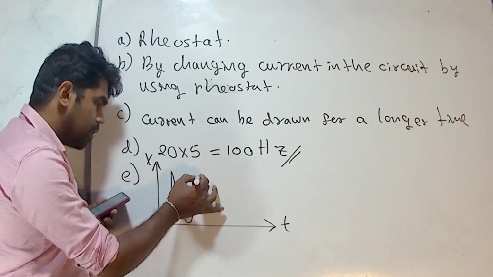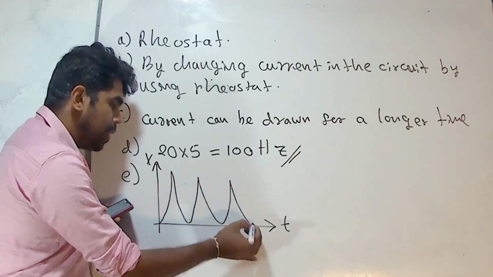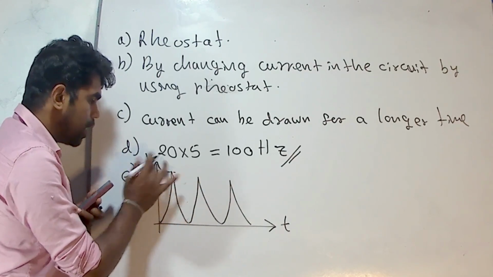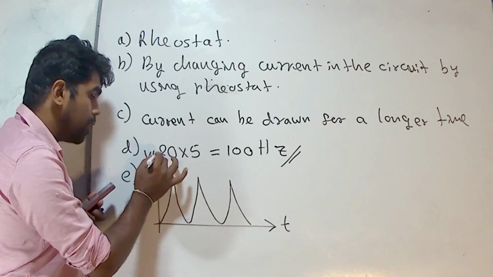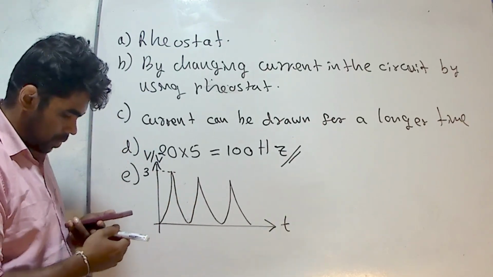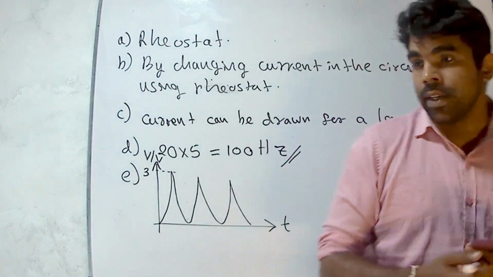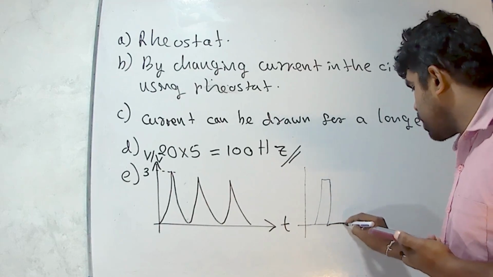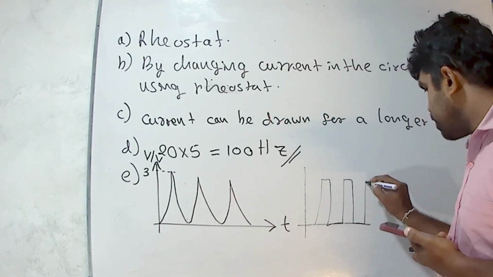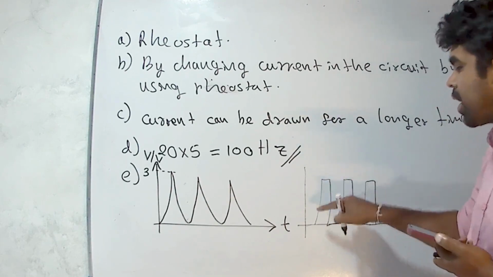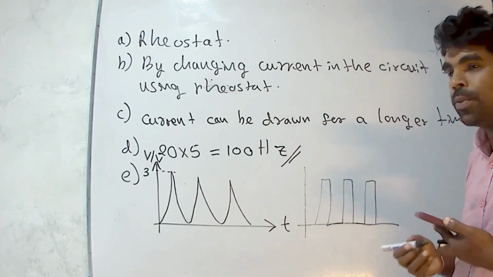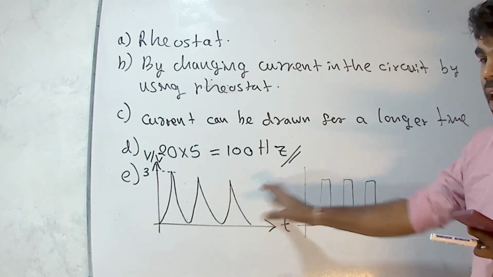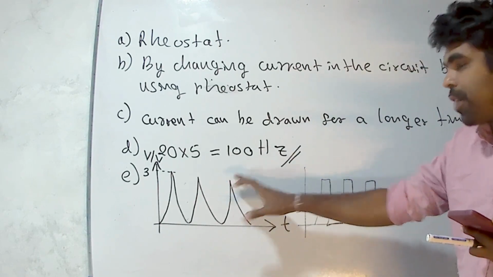When the light rays are hitting P, there is a voltage. This value of voltage is 3 volts. The y-axis is voltage in volts, with time. So you can draw a graph like this, but it is not practical. Theoretically, we can get a graph like this, a higher value and a lower value, but it is not practical. In the exam, they have given marks for this graph and this graph.